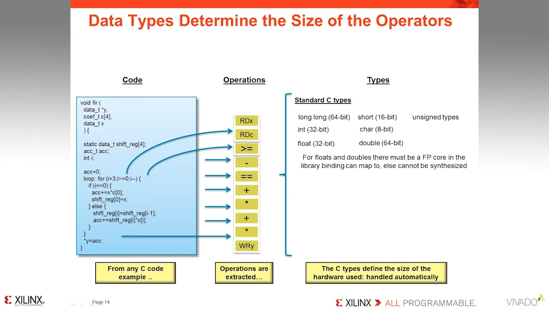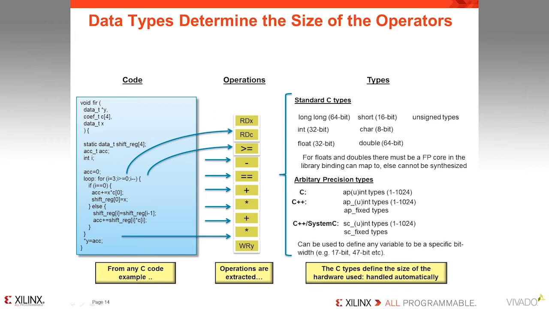The problem with C is that all these data types exist on 8-bit boundaries. If we look at this, we can see 8-bit, 16-bit, 32-bit, 64-bit. This is not the most optimum for producing high-quality hardware. And so Vivado HLS provides a number of arbitrary precision data types.